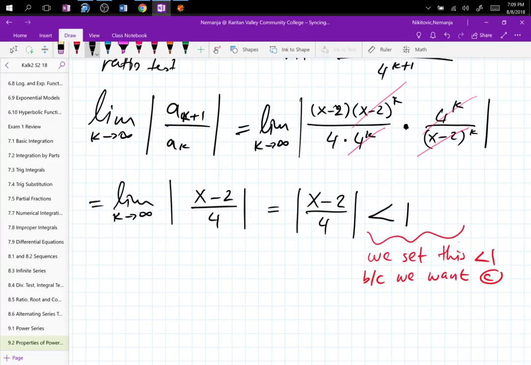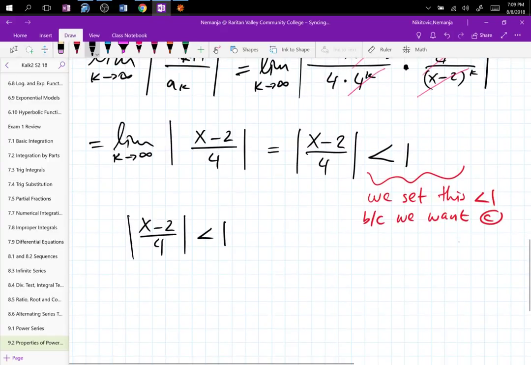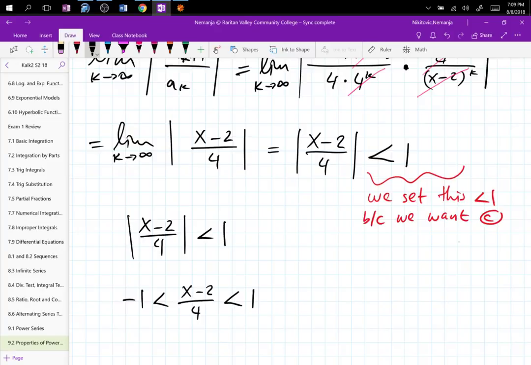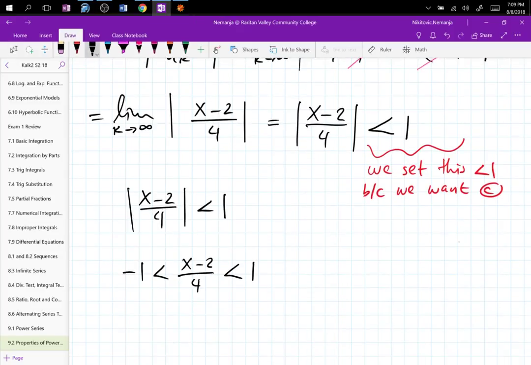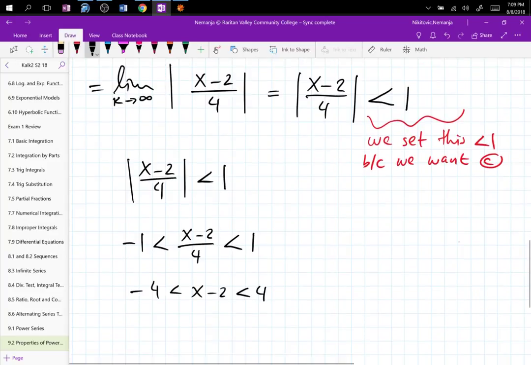So I have x minus 2 over 4 in absolute value less than 1. Now, if you know your algebra, you will have -1 less than x minus 2 over 4 less than 1. Multiply by 4 everywhere. So you get -4 less than x minus 2 less than 4. And then add 2 everywhere for -2 less than x less than 6.